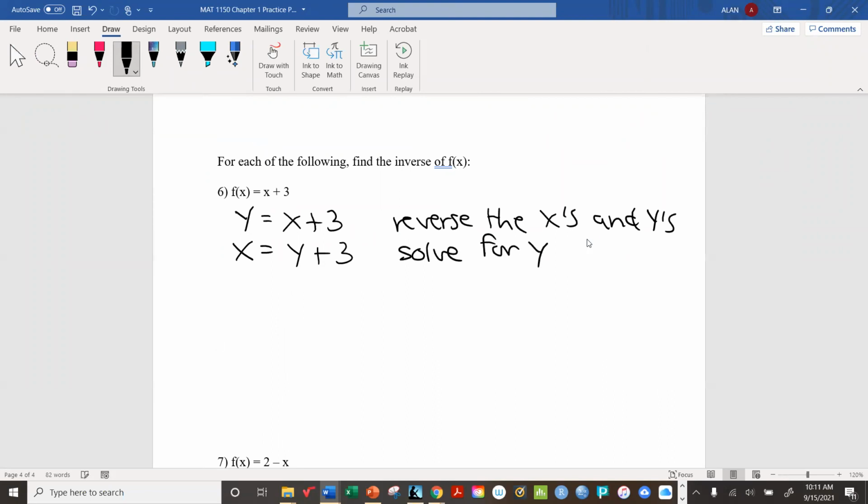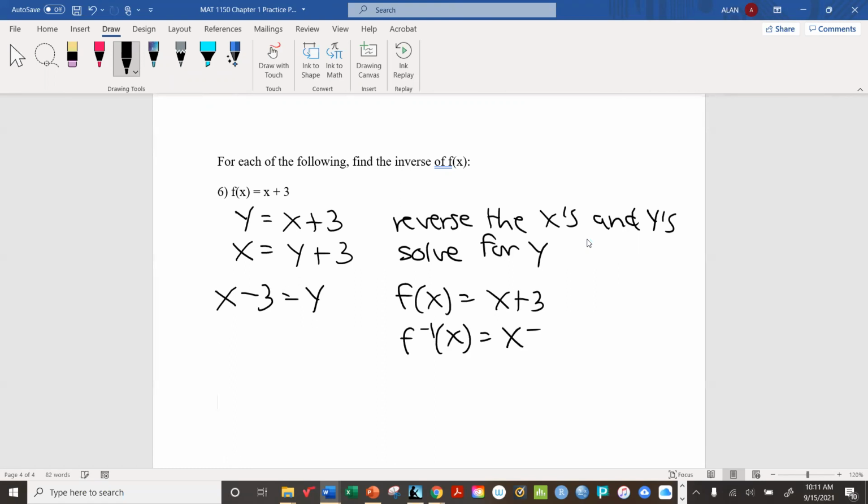Whatever y is, that's your inverse. Okay, so like here, it's pretty straightforward because now you can see that I can subtract 3 from both sides. So therefore, what this means is that if f of x is x plus 3, f inverse of x is x minus 3.